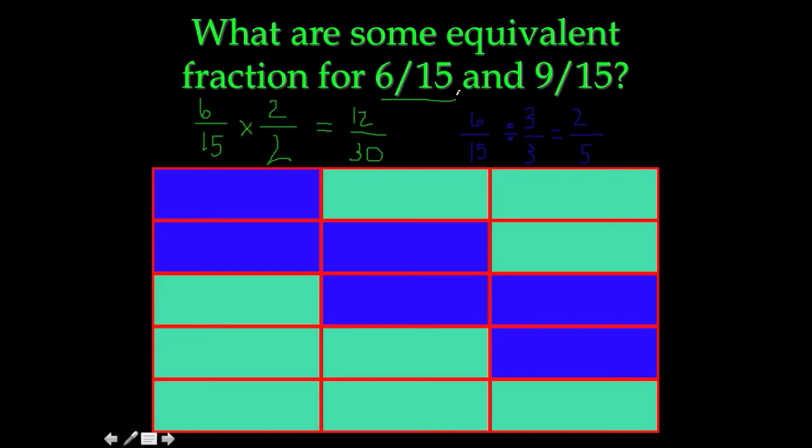Okay, remember 6/15 was for what part of our land did the river flow through? We counted 6, 1, 2, 3, 4, 5, 6 out of 15 whole pieces. But you could redraw this and have only 2/5 covered by land. But it's the same fraction as 6/15.